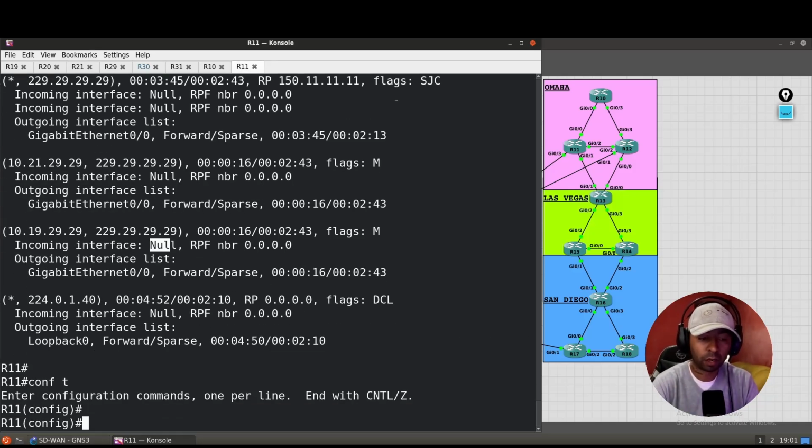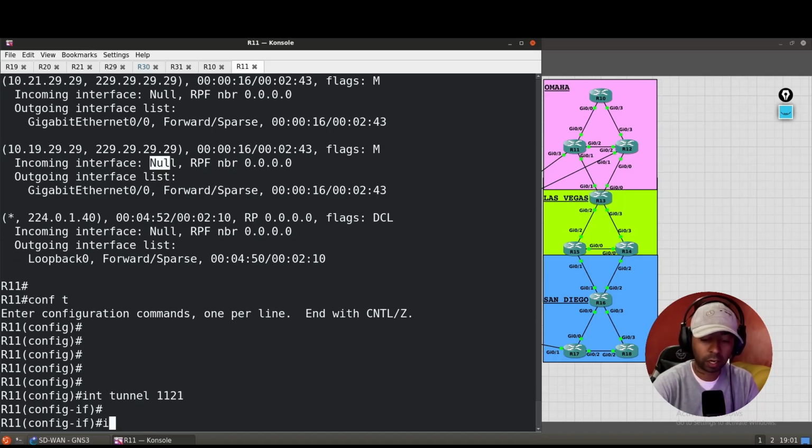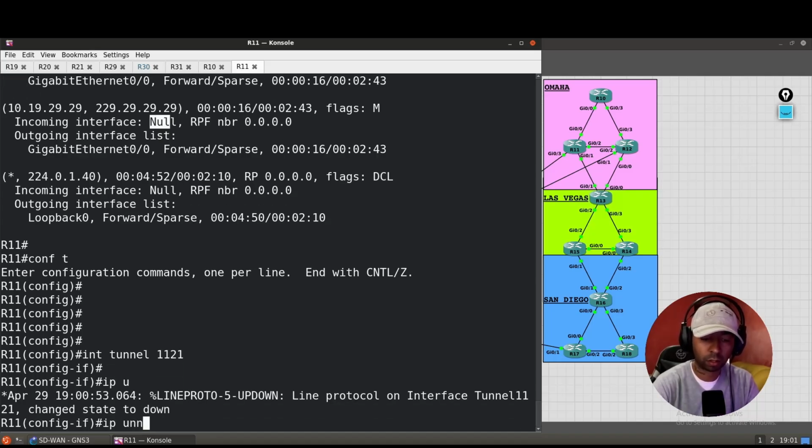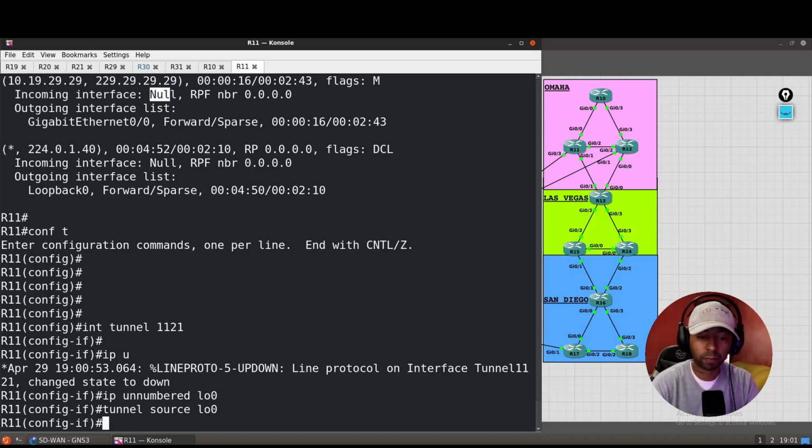Config terminal, interface tunnel 1121, IP unnumbered loopback 0. So here will be tunnel source loopback 0.